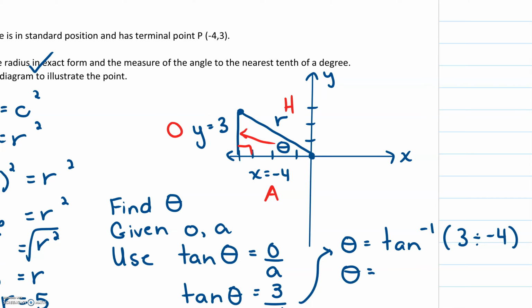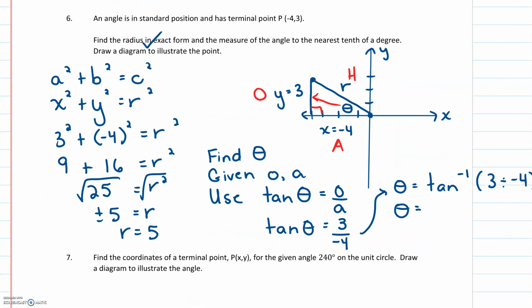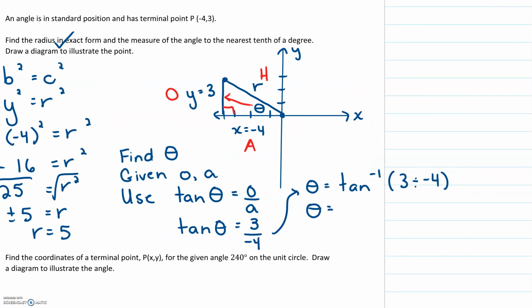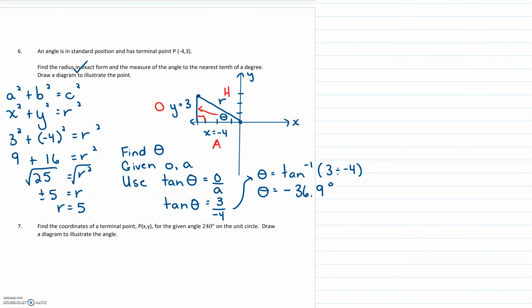And in this case, we end up getting an answer of -36.9 degrees. Now it does say -36.8. However, after the 8 there's a 6, so you have to round properly.